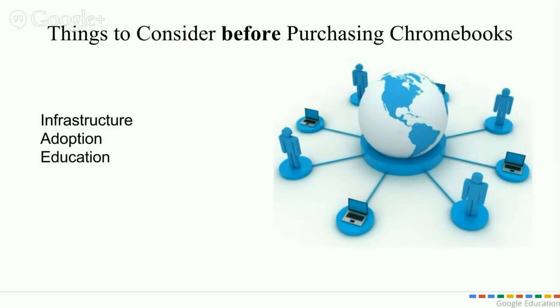The other two things that I focused on were adoption and education. Of course, when you roll out a technology initiative, you want 100% adoption. We have found that the best way to do that is through education.